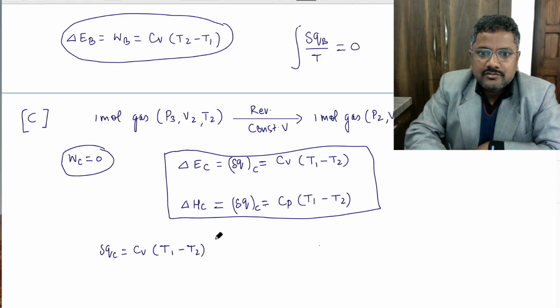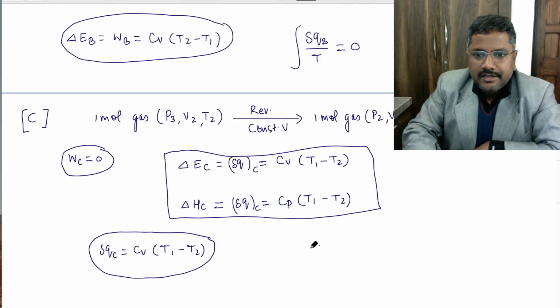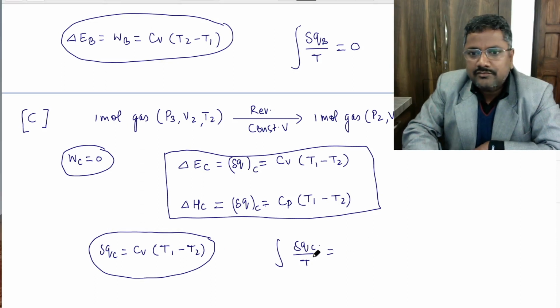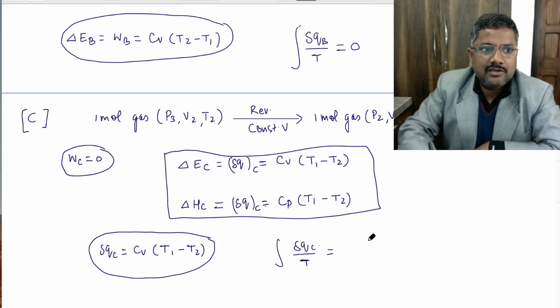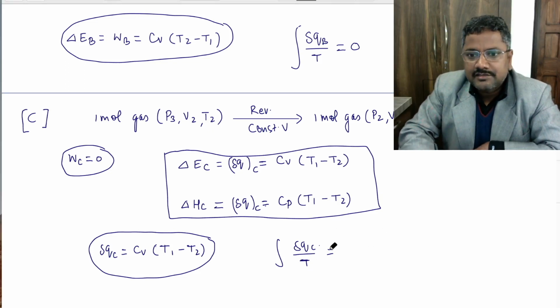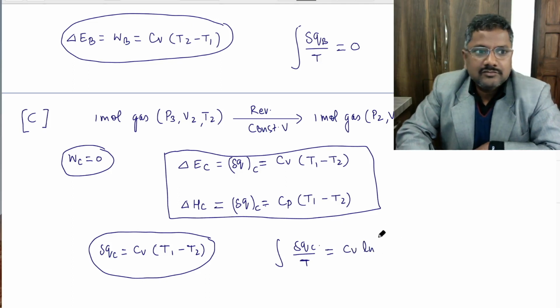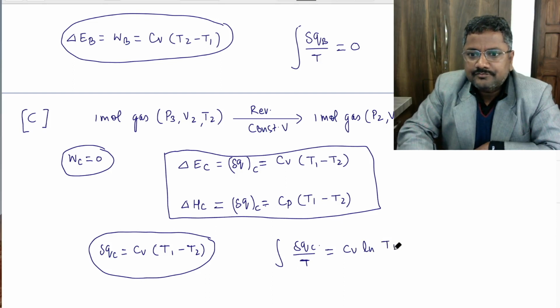So delta QC by T is equal to, we can write here, CV ln(T1 by T2).